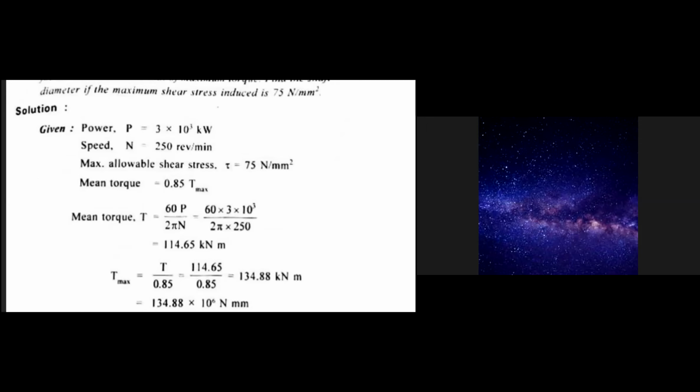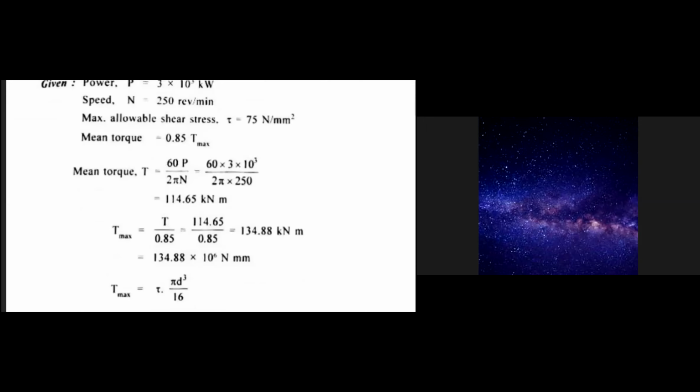So we'll get this mean torque in kilonewton meter. And maximum torque is equal to mean torque by 0.85. The relation is given. So T max is equal to 114.65 by 0.85. We'll get 134.88 kilonewton meter.